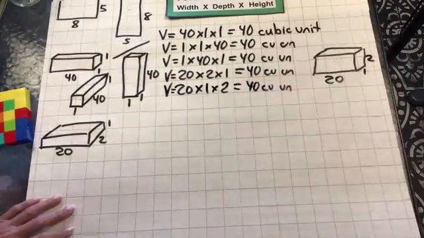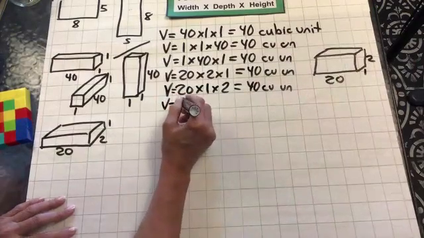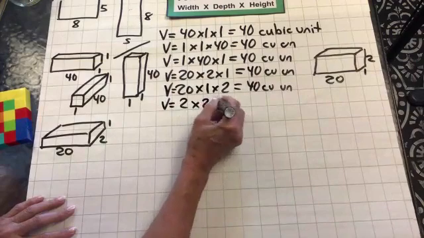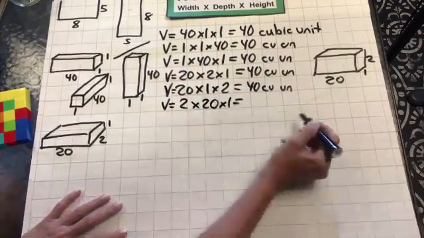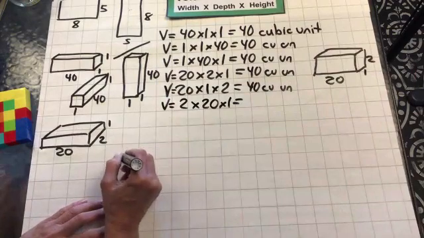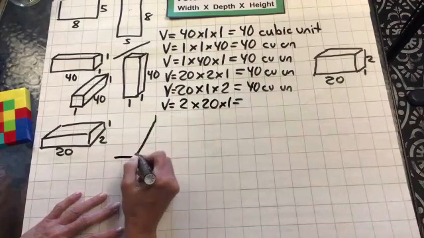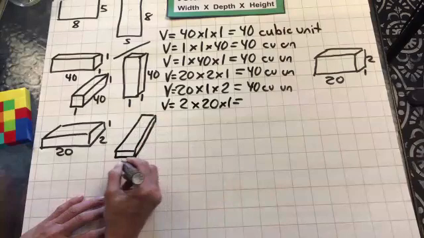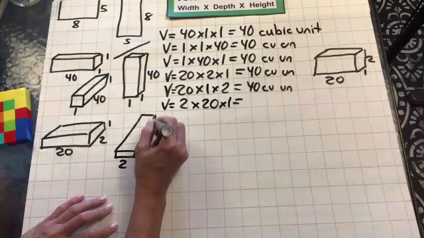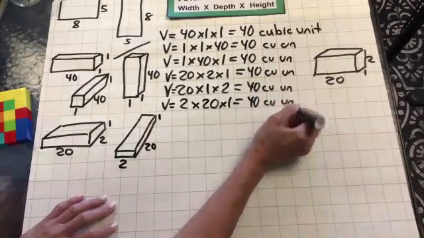All right, we need to change this up to 2 by 20 by 1. So we're just flip-flopping these, finding different orders we can put this in. So 2 wide by 20 long by 1 tall. So that's going to represent that 2 by 20 by 1. Again, still 40 cubic units.